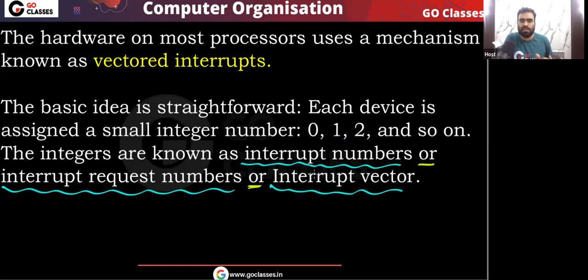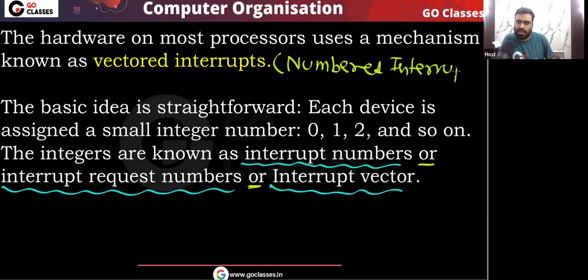We can say that our interrupts are vectored, which means our interrupts are numbered. To every interrupt we give a unique number. So this is called a vectored interrupt, or a numbered interrupt. This is the concept.